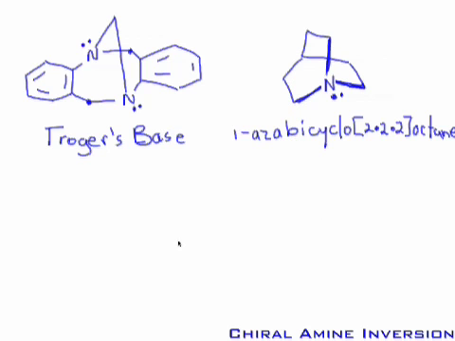Last point to note is that ammonium salts with 4 different groups can be chiral. So this has 3 CH2, so that's a butyl group.